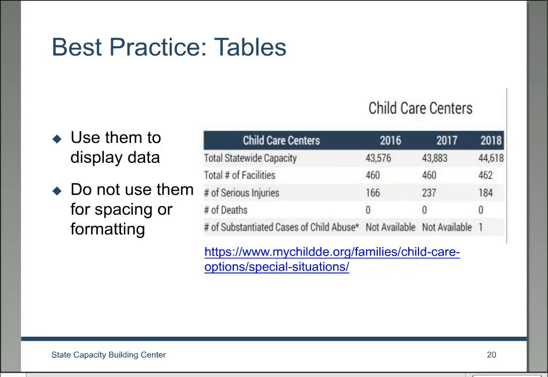One more thing I wanted to add about captioning tables. As sighted users, we are used to seeing a caption below the table, for example, Table 3, child care centers. But for a user who uses a screen reader, by the time they get to that caption, they've already gone through the table.